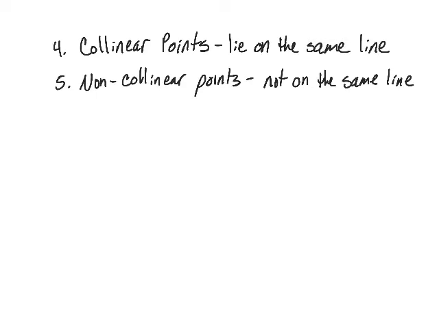So I'm going to illustrate both of these things. If I have points A and B, I can always draw a line between 2 points. But then if I have point C and all 3 of them line up, those 3 points are collinear. I can represent them in symbols if I write ABC with the line across the top.